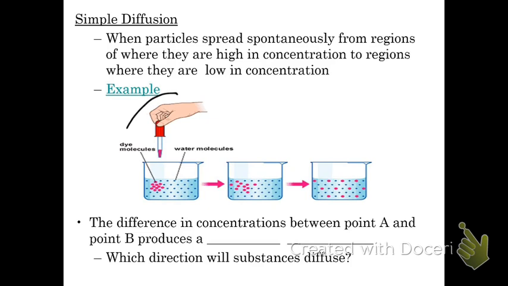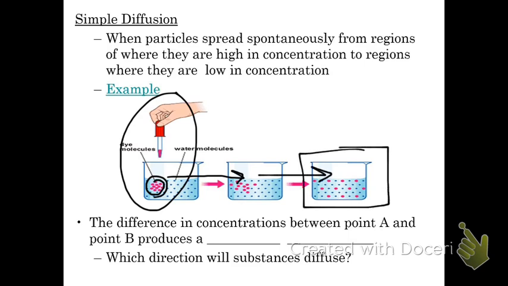If you were to add some food coloring into a beaker, at first the dye molecules would be concentrated in a small area, but they would over time spread, right? Over time they would spread to the point where you would no longer see a concentrated drop of dye, but you would now see that the entire beaker has that dye molecule all around.